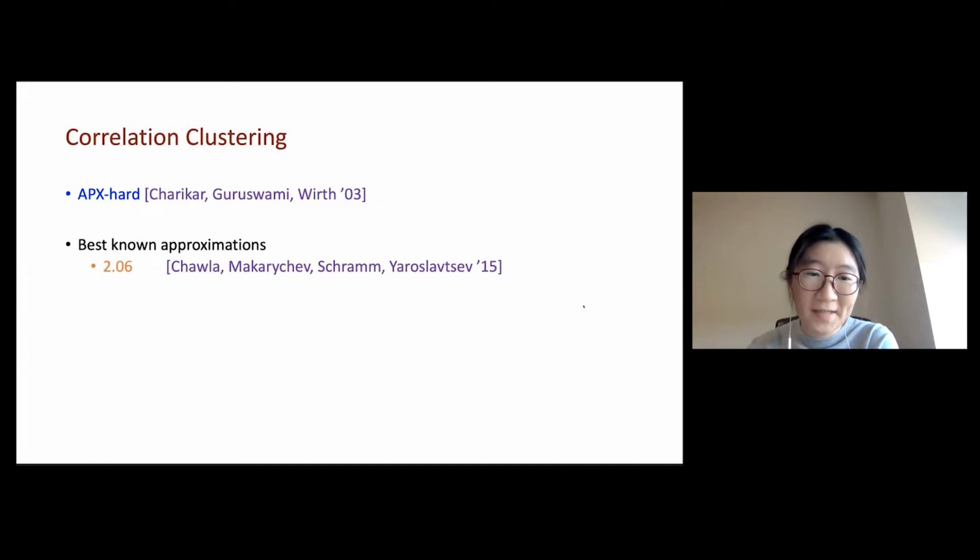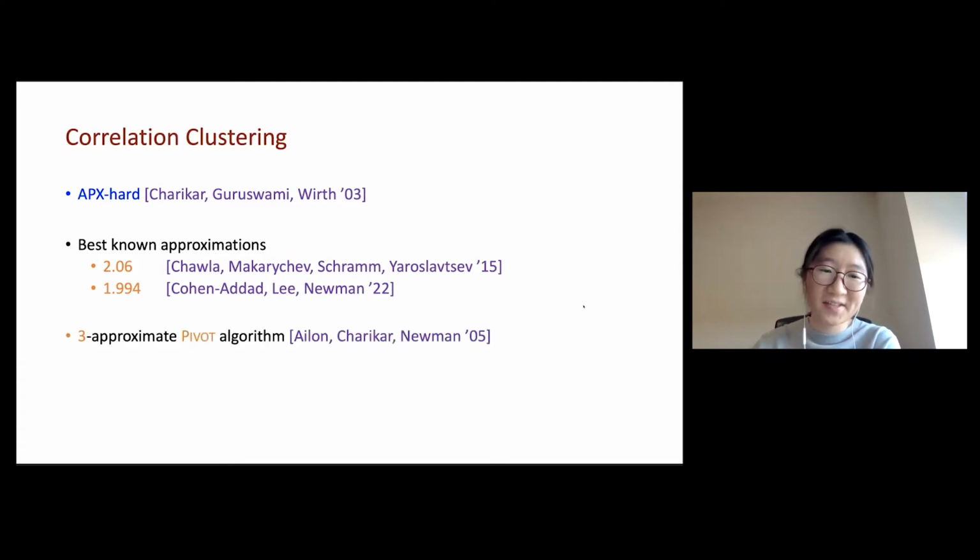And this was very recently improved to 1.994 by the work of Cohen-Addad, Lee, and Newman. And they achieved this by strengthening the LP using a technique called the Sherali-Adams hierarchy.